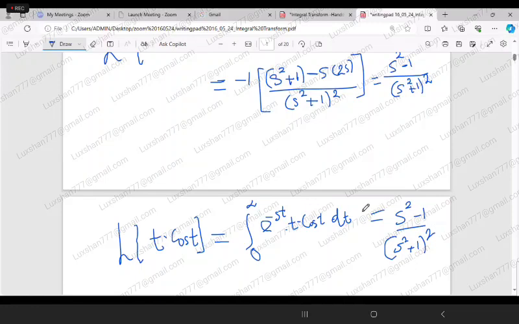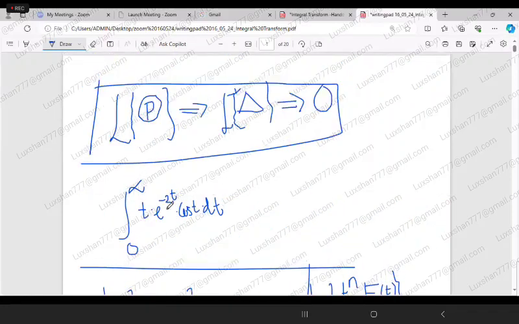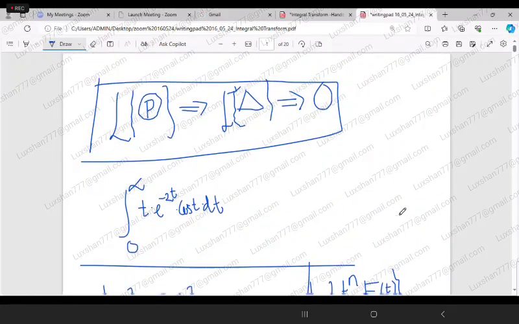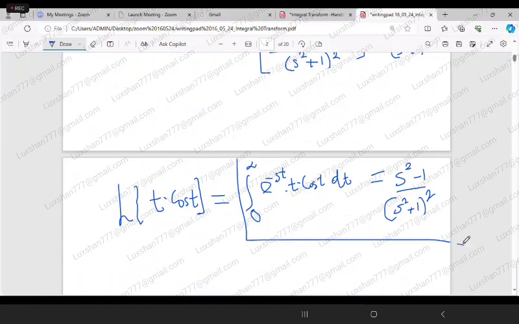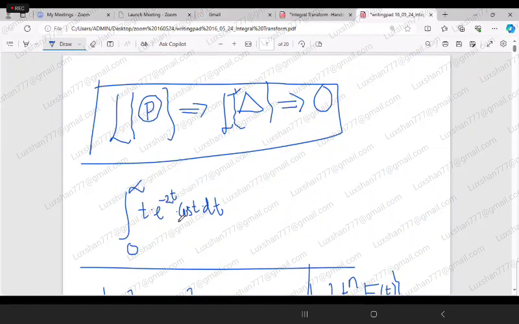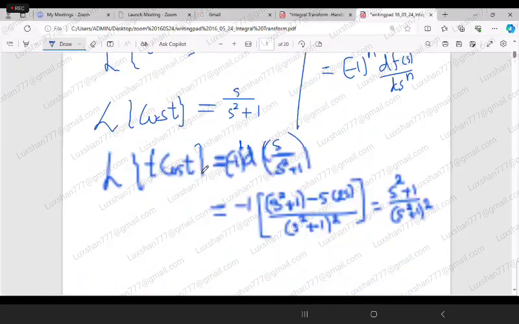But now if you look at the integration that we want to find, instead of s in this one, if you put s equal to 2, that is the integration that we are asked, isn't it?